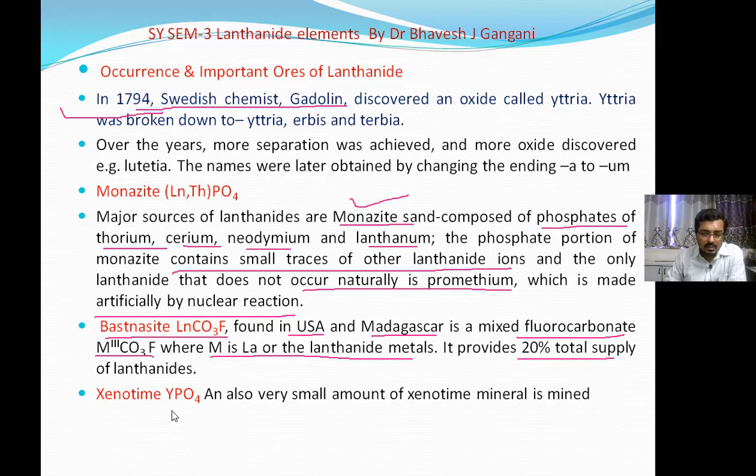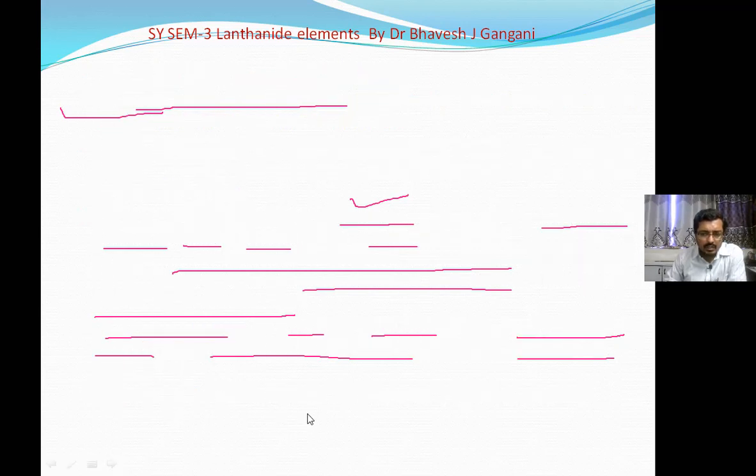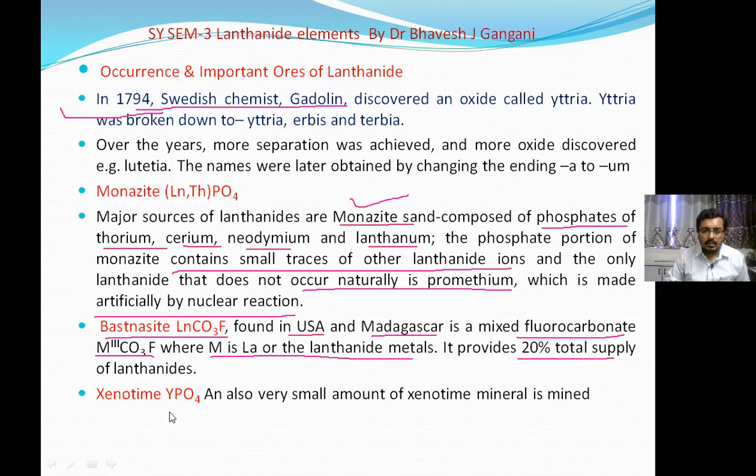Xenotime is YPO4. In it, we get a minute quantity of these elements. So lanthanide elements are obtained from nature in maximum quantity from these three minerals.